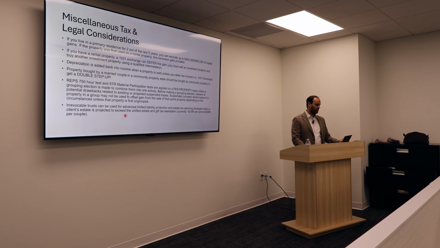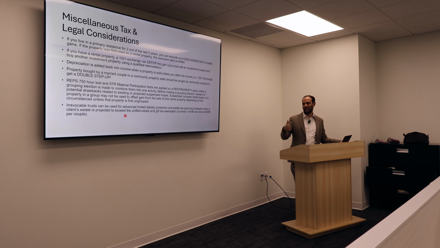A lot of questions I get are related to irrevocable trusts. These are really good for advanced limited liability protection and estate tax planning strategies. But these are usually most effective, in my opinion, when a client's estate is projected to be more than $14 million per person or $20 million per couple.